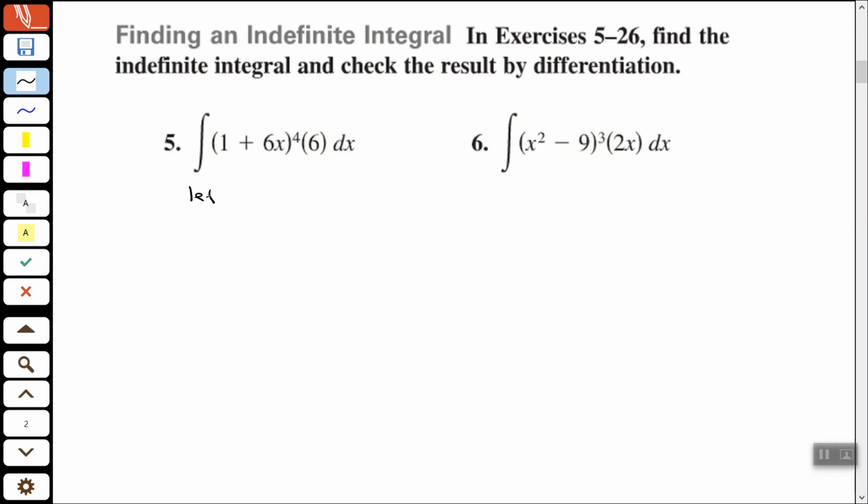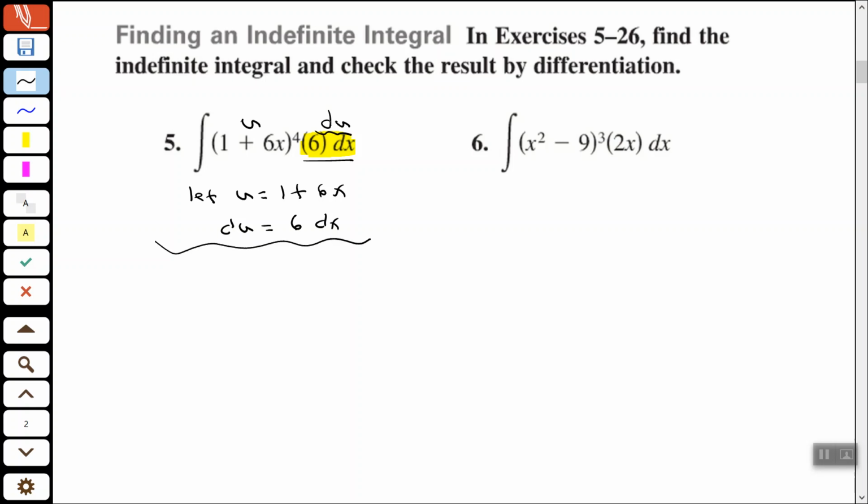I'm going to let u equal 1 plus 6x, and our hope is that du, or some form of du, will be equal to the other part of this function. The derivative of 1 plus 6x is 6 dx, which is that other part of the function. So now we have that as u, and that part as du.